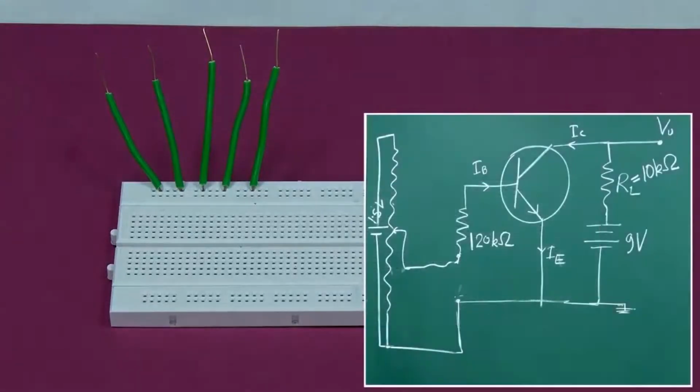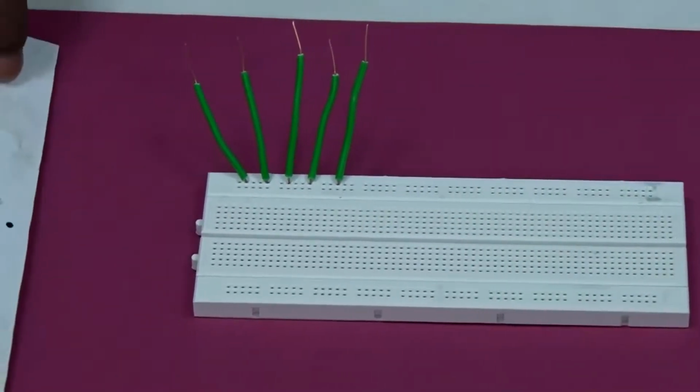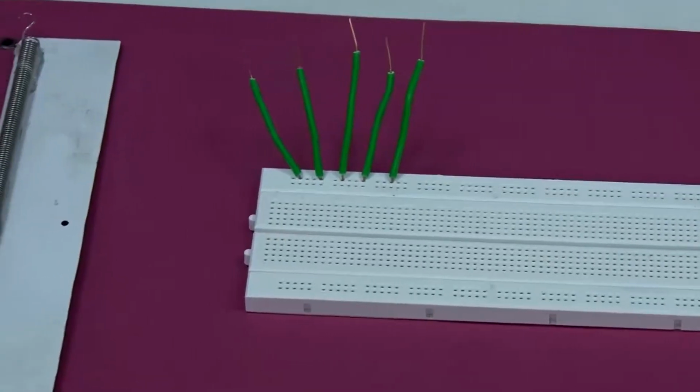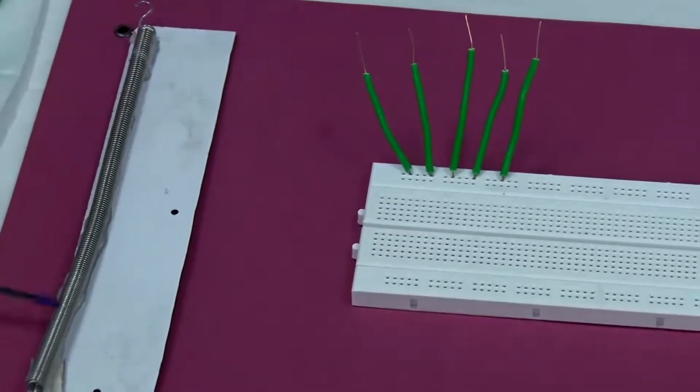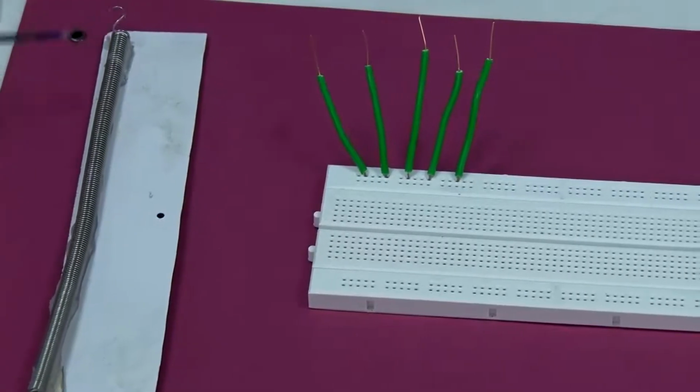So let us first construct the input side, with the 1.5 volt battery with heater coil to give bias to the base. Right, so this is that heater coil. On this, we will be putting the 1.5 volt battery. So you can connect the 1.5 volt here, positive here and negative here.